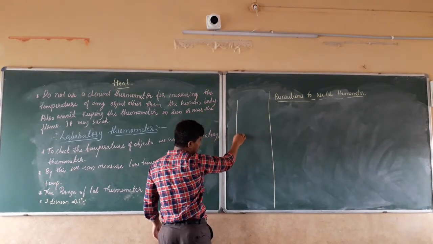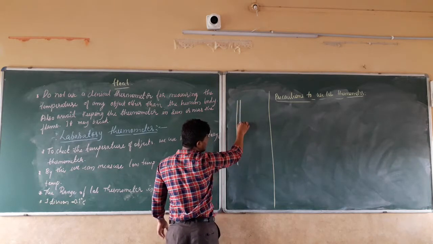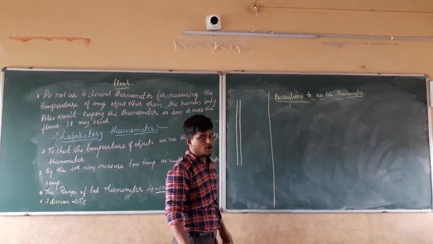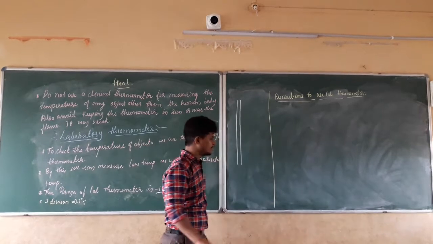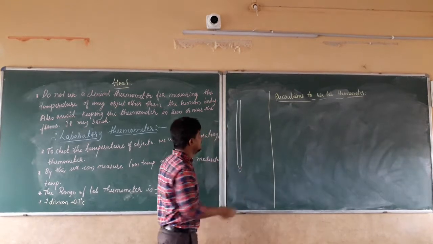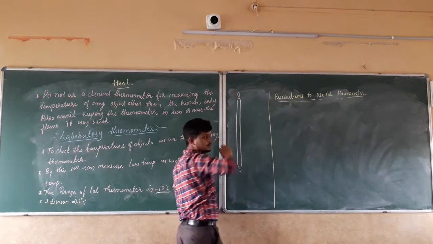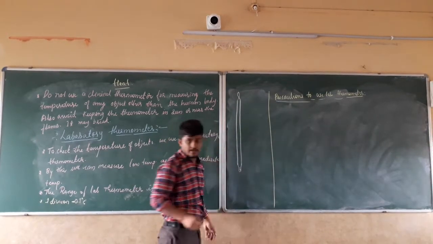The laboratory thermometer looks like this. Same, it has a narrow, long, and uniform glass tube. Inside it there will be a bulb which contains what?